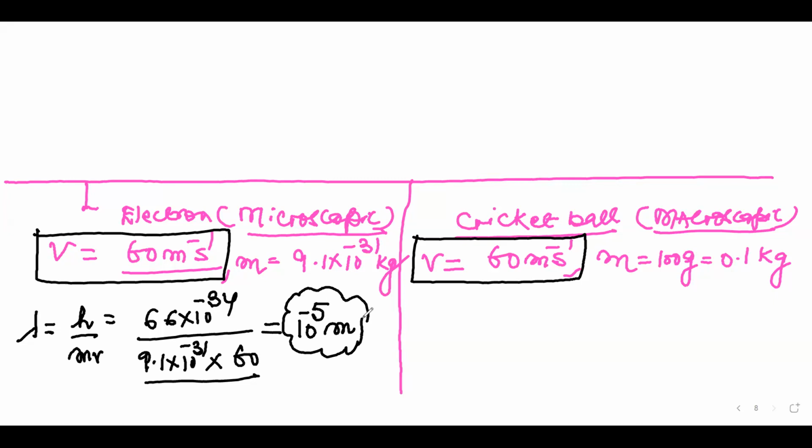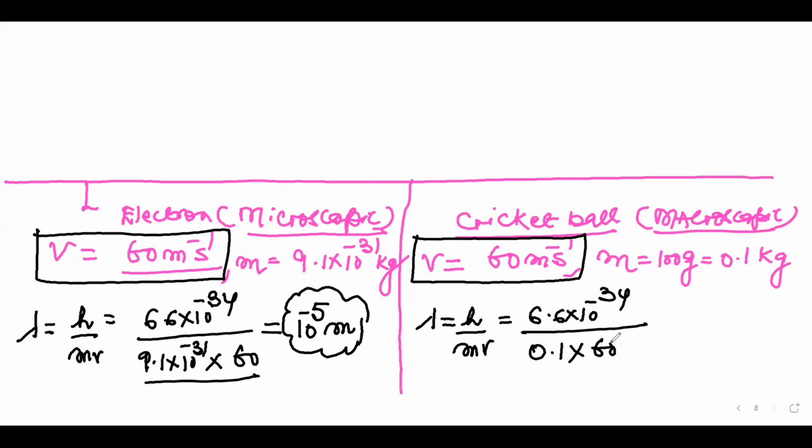Then I move to the other side. Lambda is equal to h over mv. That is 6.6 into 10 raised to power minus 34. Mass is 0.1. Velocity is 60. This value roughly comes around 10 raised to power minus 34 meters. Okay or not? Yes, sir.